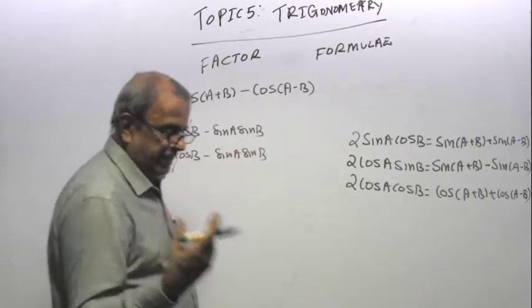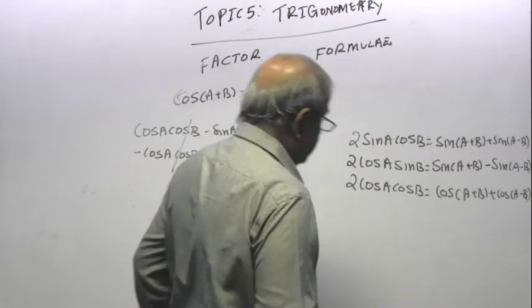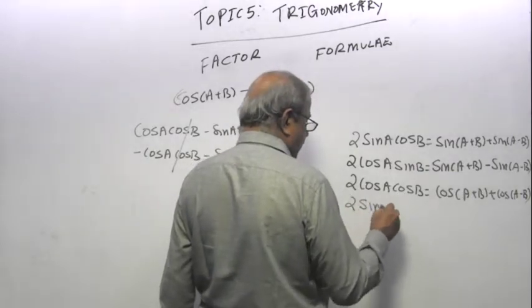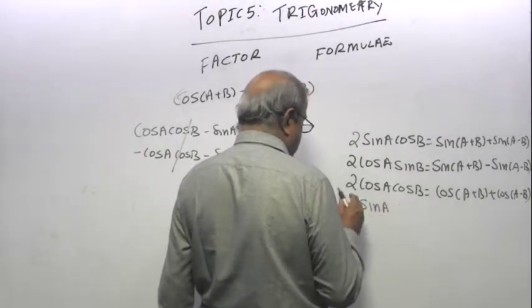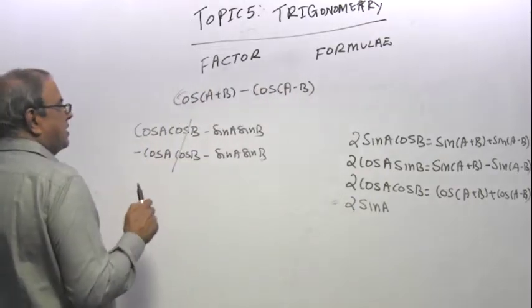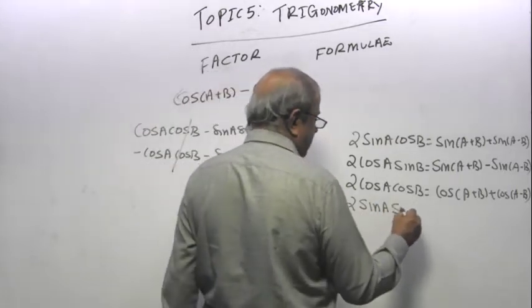I get minus 2 sin A sin B. So that's the change there. I can keep it as minus 2 sin A sin B. Okay, let's do that first.